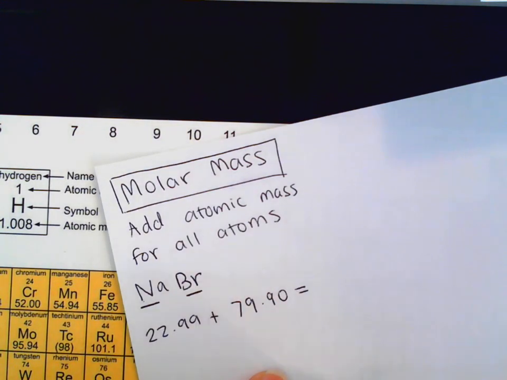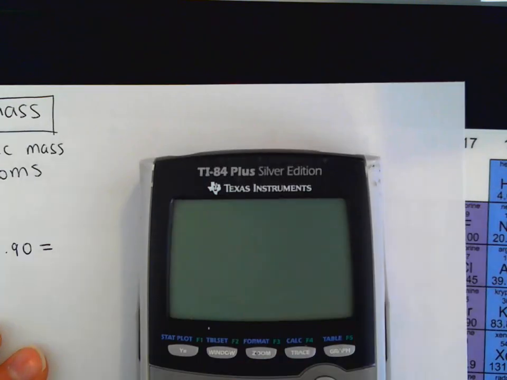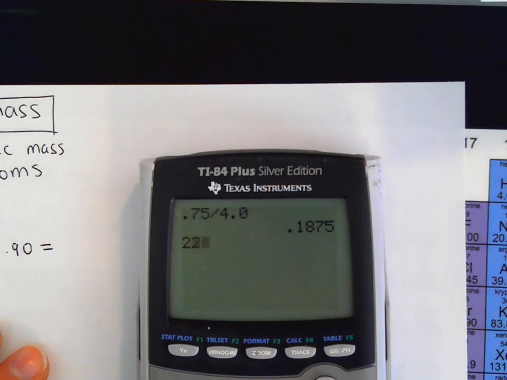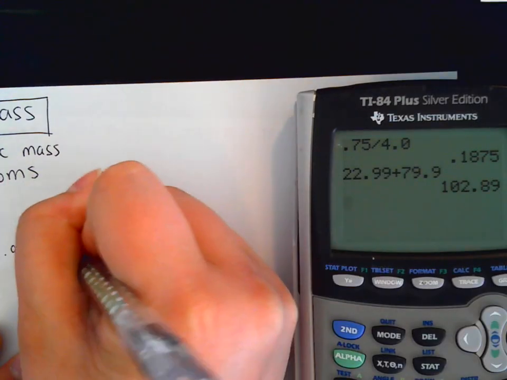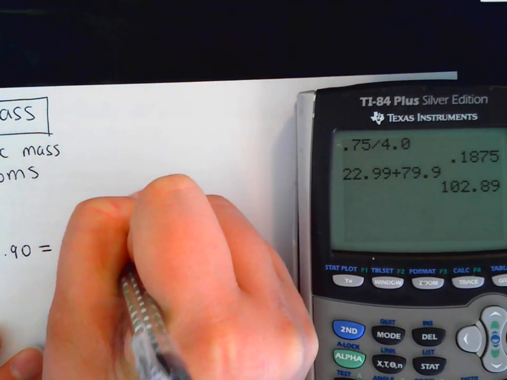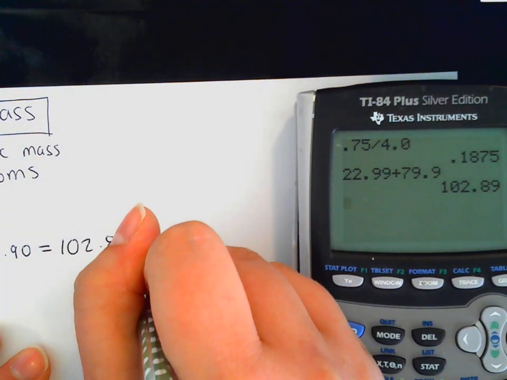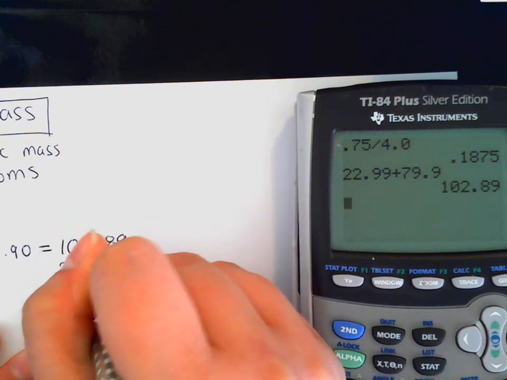We'll simply plug that into our calculator to find the answer. 22.99 plus 79.9 equals 102.89. Our units on this are grams per mole.